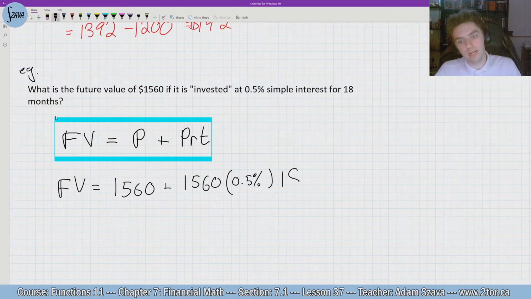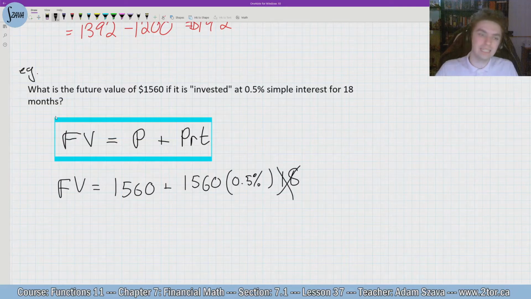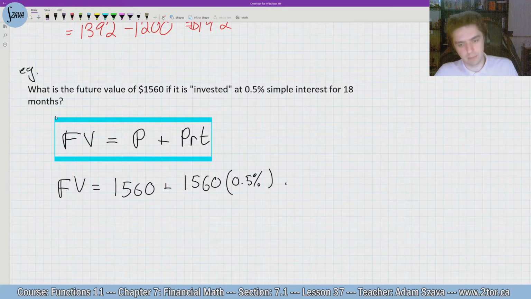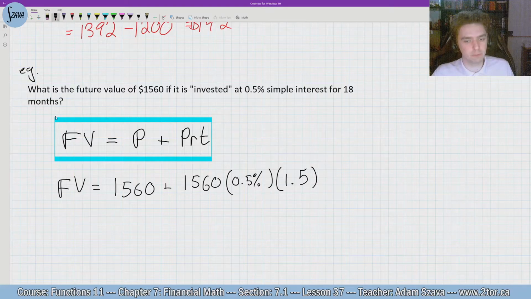So we do not write 18 here, right? Because it has to be in years. So you have to think how many months are in a year. Well, there's 12 months in a year. And so 18 months is a year and a half. So it's 1.5 you'd write there. So it has to be in years here because this percentage is always given in years.